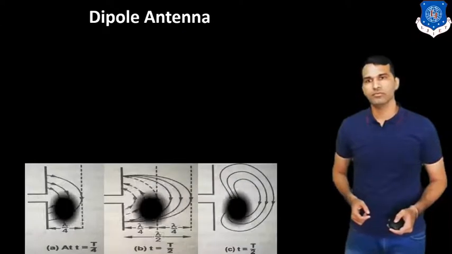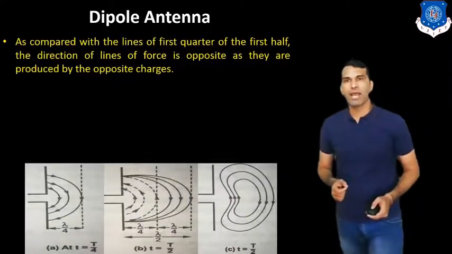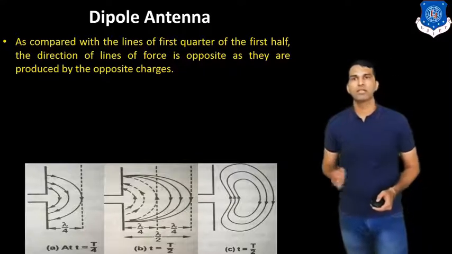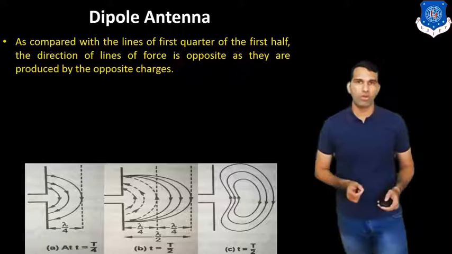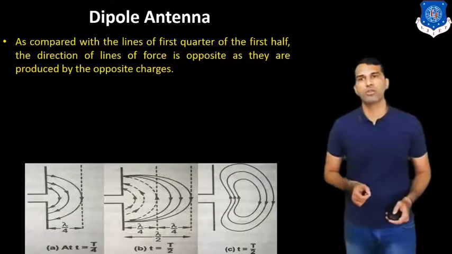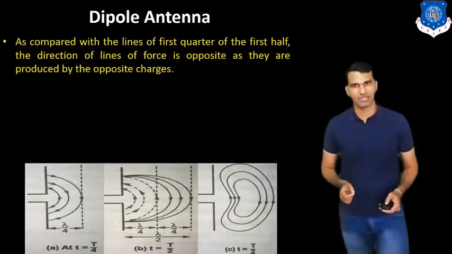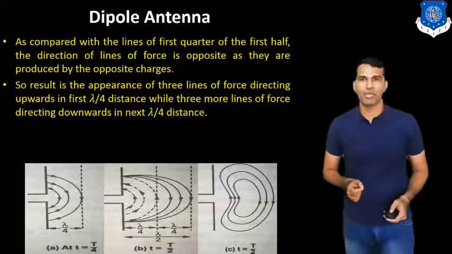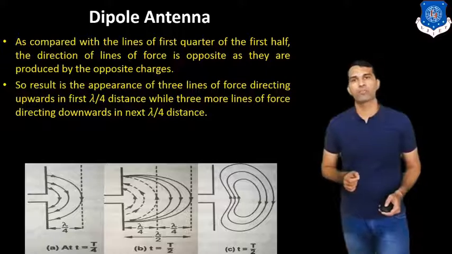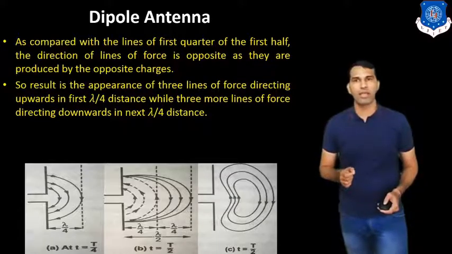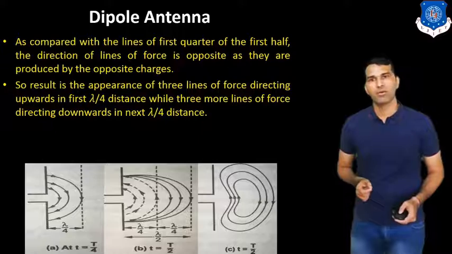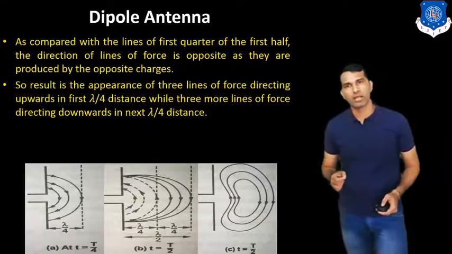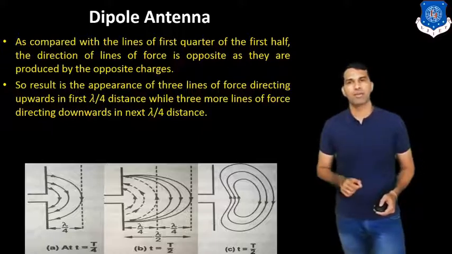This indicates the second quarter line. Now, compared with the lines of the first quarter of the first half, the direction of the lines of force is opposite, as they are produced by the opposite charge. So the result is the appearance of lines of force directing upward in the lambda by 4 distance, while more lines of force direct downward in the next lambda by 4.